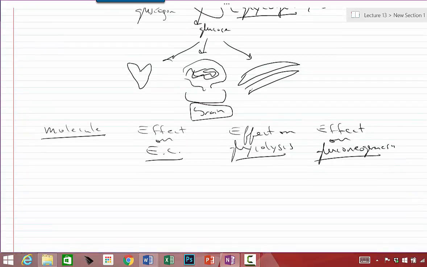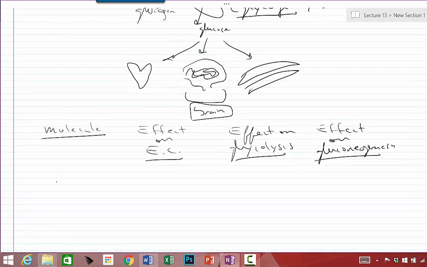Okay. So here we go. AMP is the first molecule I'll introduce. Its effect on energy charge, if you think of the energy charge equation, AMP is found in the denominator. So if you have more AMP, your effect on the energy charge is going to go down. And your effect on glycolysis is that it's going to increase the activity of PFK1. That stands for phosphofructokinase 1. That's the enzyme that's found in the second regulatory step of glycolysis.